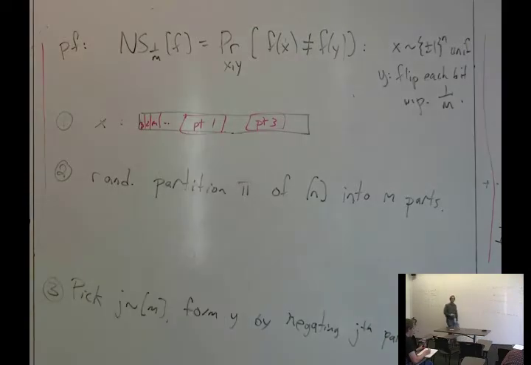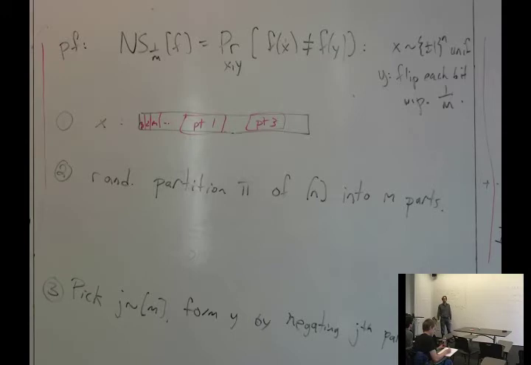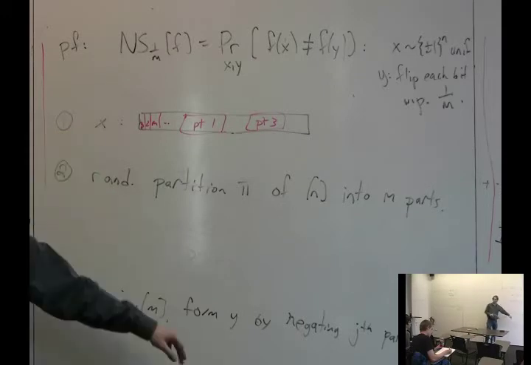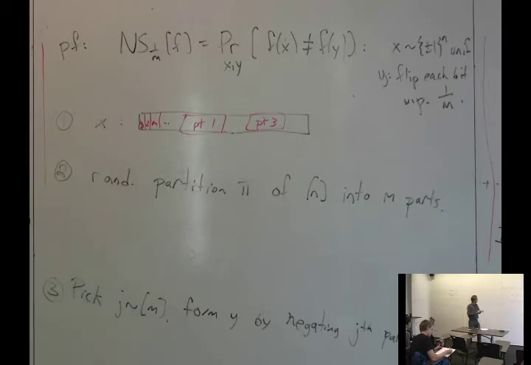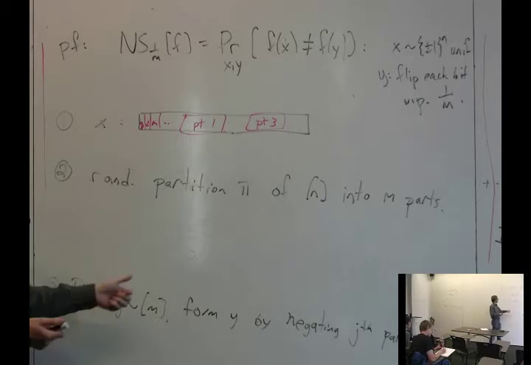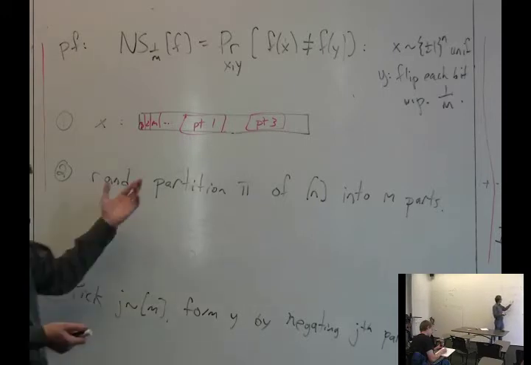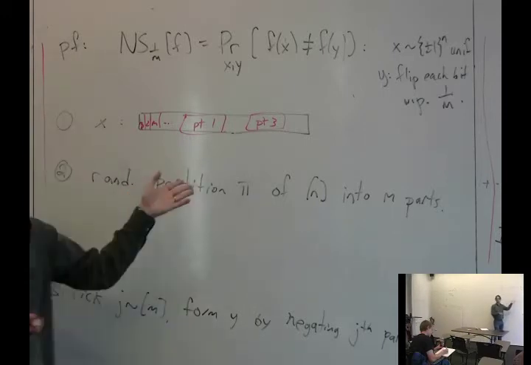That's a good point, it does not have to be random. You could actually do this just by negating part number 1. What I want to say is this actually gives us the correct distribution on x and y. Because for each coordinate, what's the probability that you flip it? It's the probability that it appears in the jth part, which is 1 over m.